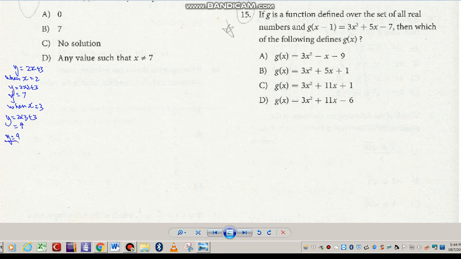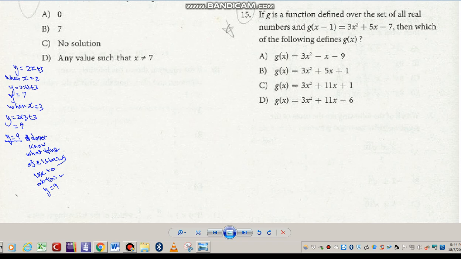From this statement here, you do not know what value of x is being used to obtain y equal to 9.